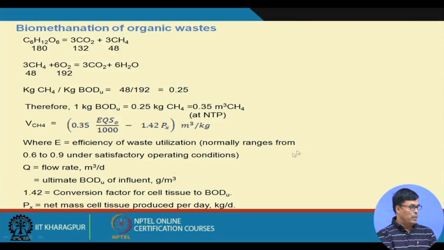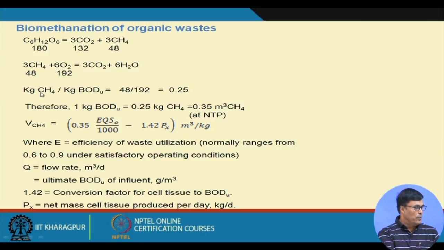Now, the other stoichiometry I have, this is the kind of equation that we have: 1 mole of glucose when you oxidize produces 3 moles of carbon dioxide. It actually produces 3 moles of acetic acid, and 3 moles of acetic acid produce 3 moles of carbon dioxide and 3 moles of methane. And again when you oxidize this methane, you require 6 moles of oxygen.